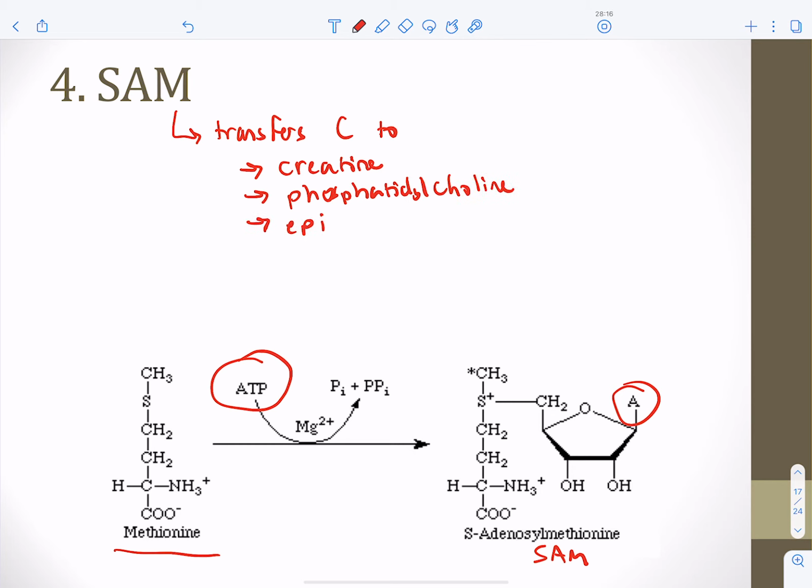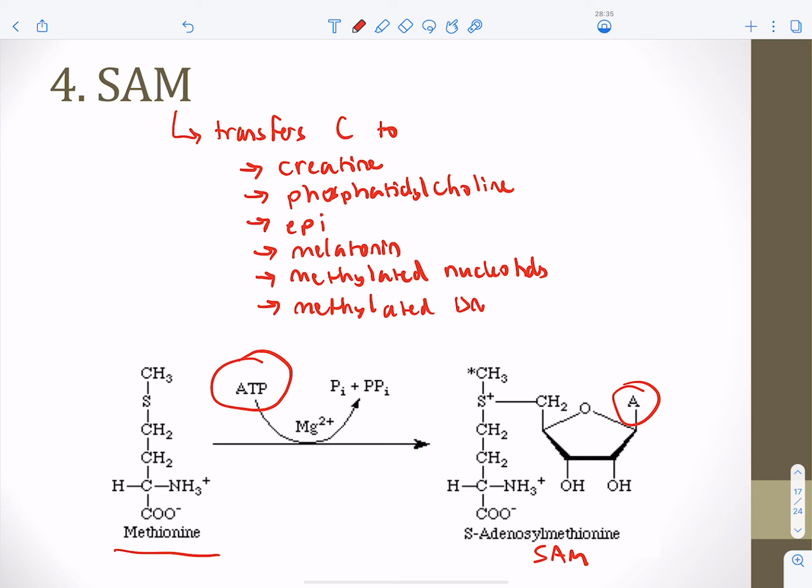Epinephrine, melatonin, methylated nucleotides, methylated DNA. And remember, we talked about methylation of your DNA and how it's important for silencing genes that are not necessary to turn on. And so SAM has an important role in making sure that those are properly methylated.